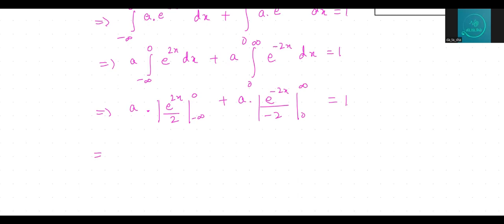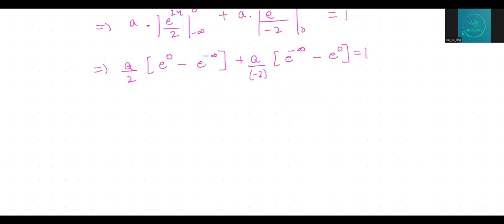So constants outside, e raised to the power 0 minus e raised to the power minus infinity, and then e raised to the power minus infinity minus e raised to the power 0. Now, as we know, e raised to the power 0 is 1, and e raised to the power minus infinity is 0.